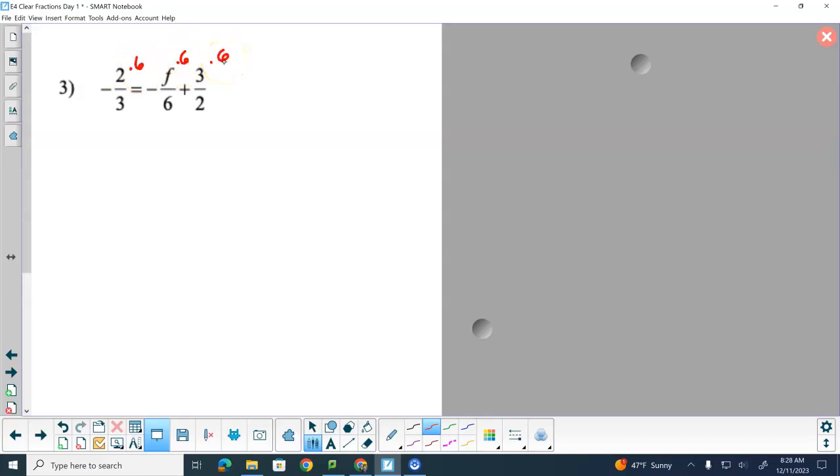and by 6. Now, let me show you a little different way of doing this too. 3 goes into 6 twice, so 2 times 2 is negative 4. I've got the negative sign there.